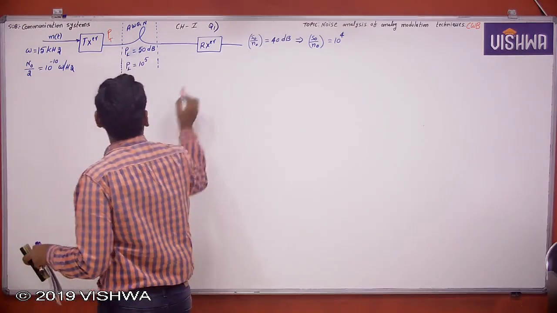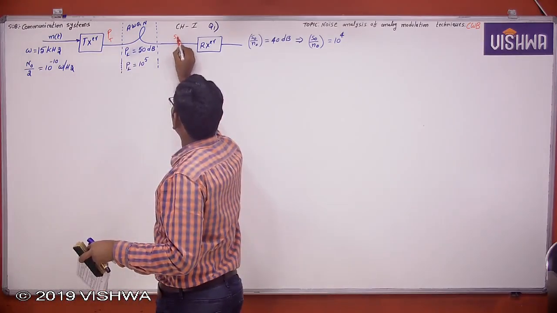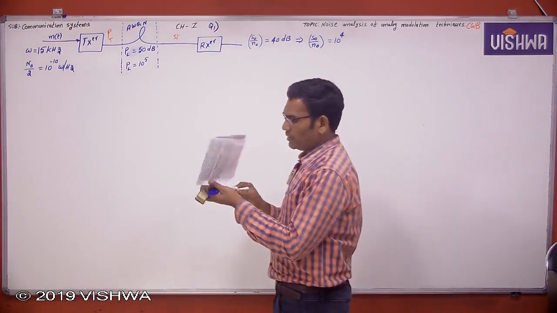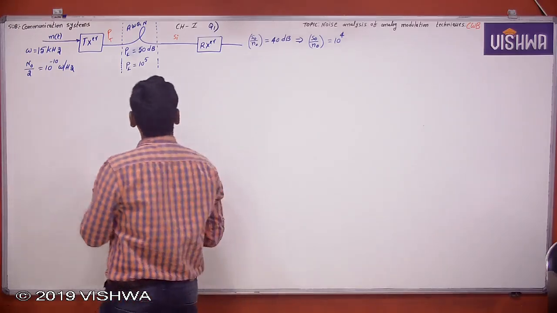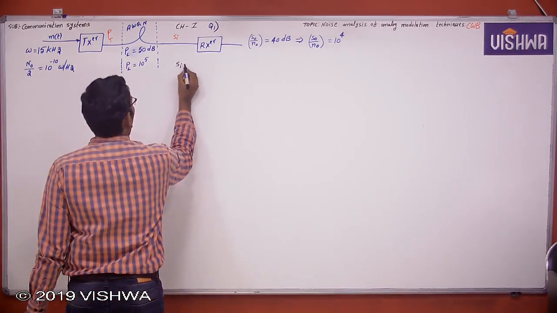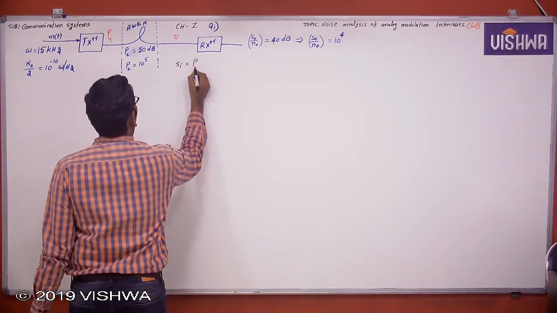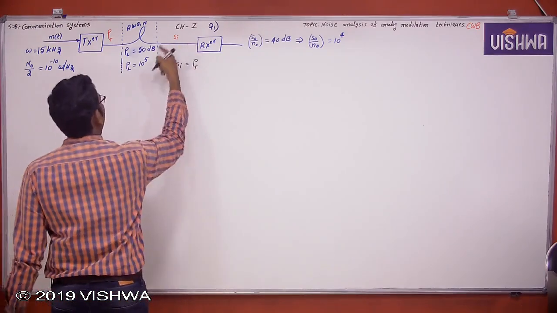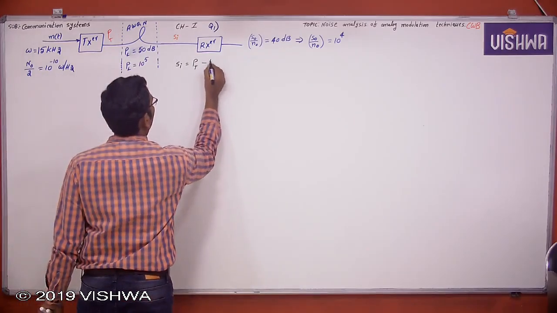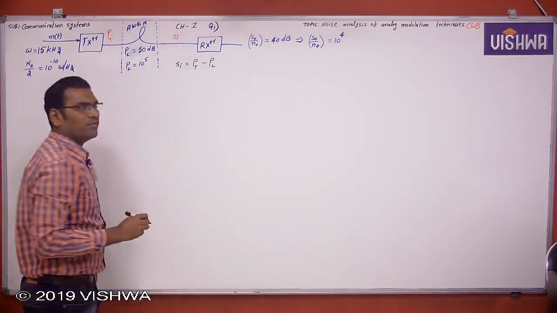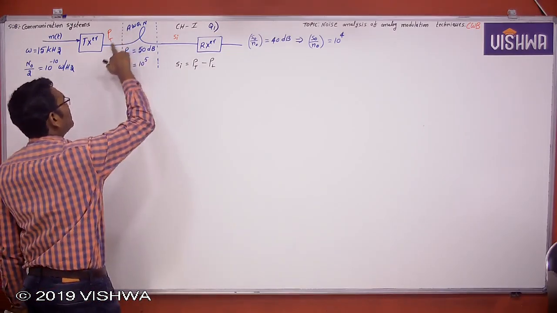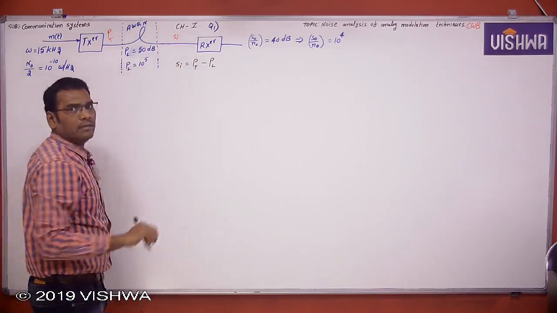Now this is the receiver, this is the input signal to the receiver, and this is the output signal. What is the signal power? The signal power at the input of the receiver is nothing but the total transmitted power minus losses. If the power loss is 0, whatever the transmitted power is, that would be the signal power.